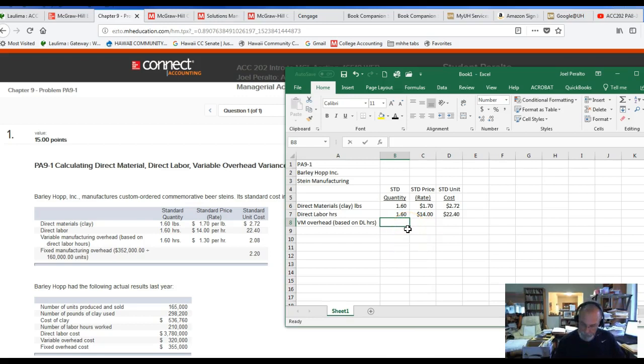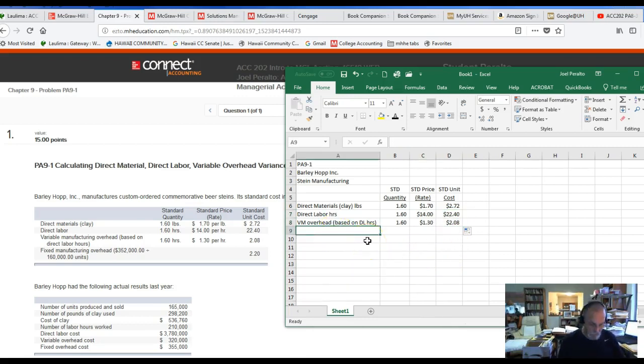We have 1.6 hours at $1.30 per hour, and so if we multiply those two out, that would give us our 208.